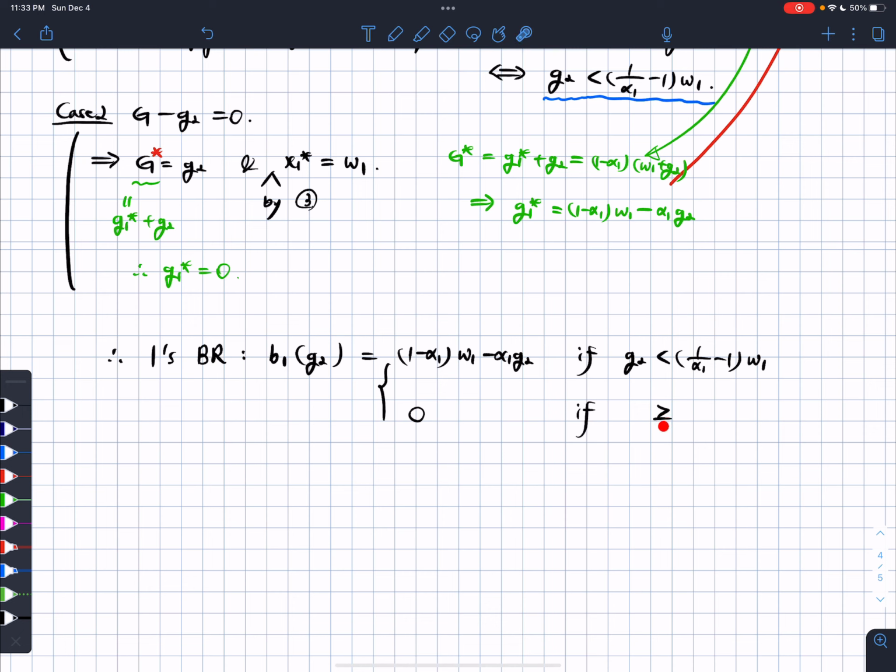And concerning, if you're just curious about where we should have this equality, here at the bottom or at the top, it doesn't really matter. When G2 happens to be exactly this much, then if you plug this value into here, you will see that this expression actually reduces to 0.